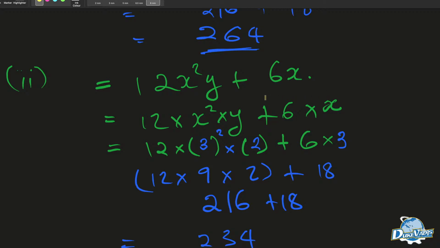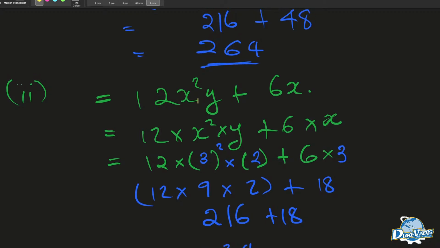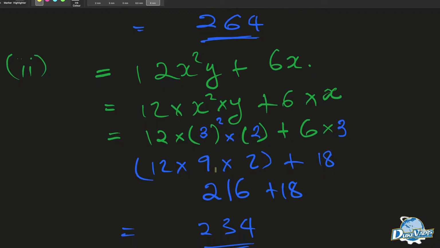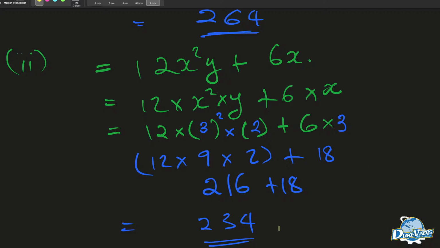So we put in the values for x and y. So when we square the x over here, 3, we have 9 and multiplied by 2. We have 6 multiplied by 3. Then 12 times 9 times 2 will give us the first answer. And the last one, 3 times 6 is 18. So this is what we had.